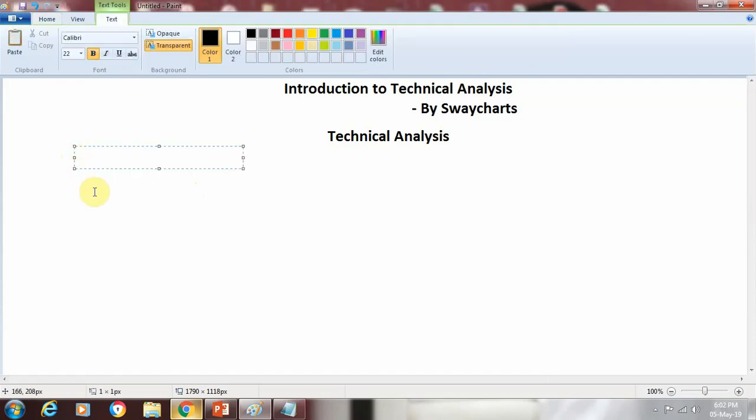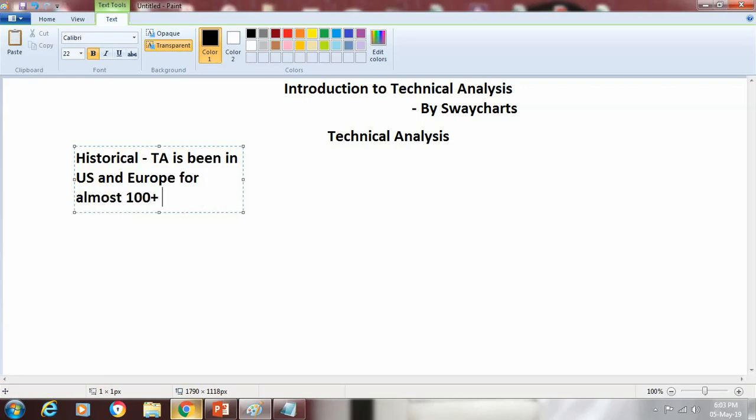For that, let's understand the historical sense behind technical analysis. Technical analysis has been used in US and Europe for almost 100+ years, right?